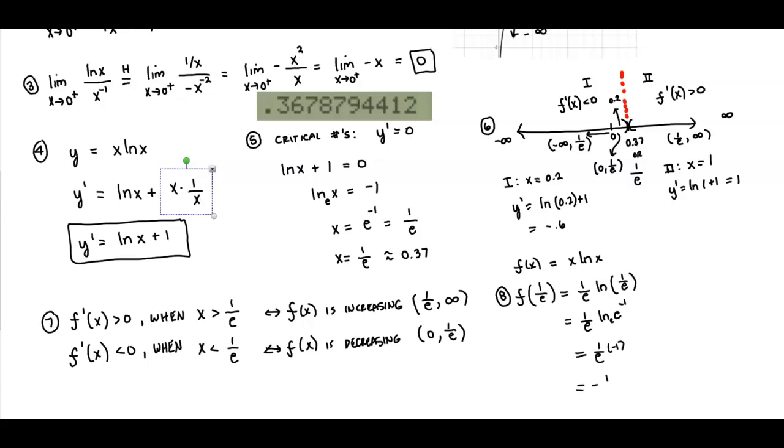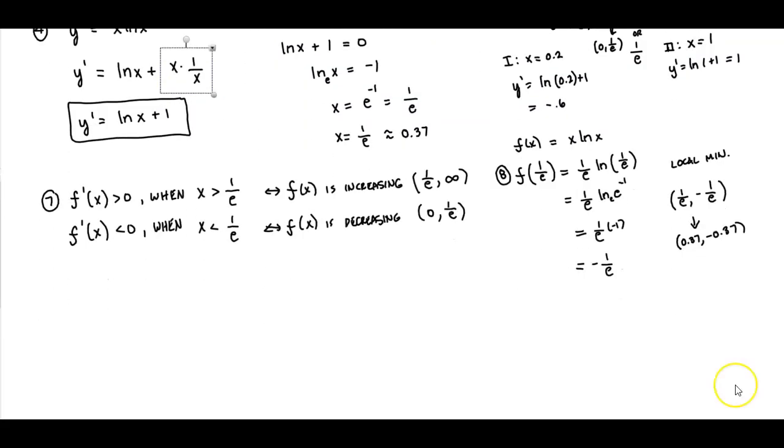So we get negative 1 over e. So that means that we have a local minimum at 1 over e, negative 1 over e. Okay, now if we wanted to write this in terms of a decimal, we know that this is 0.37 and negative 0.37.